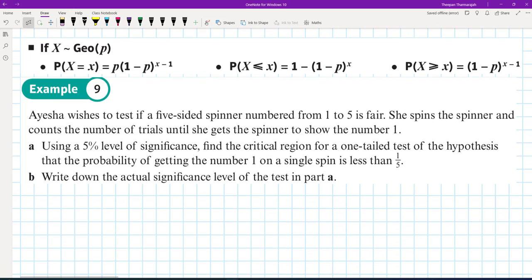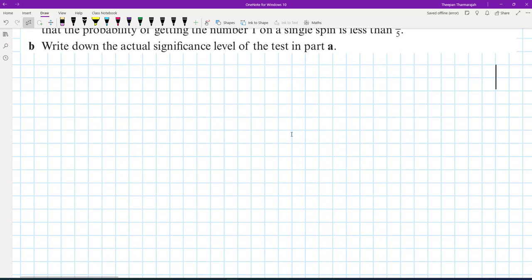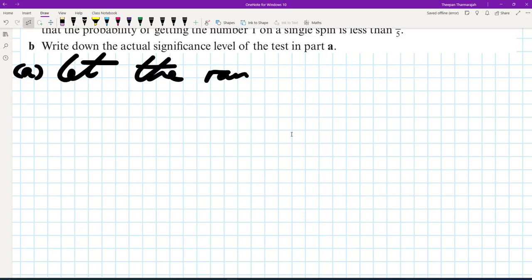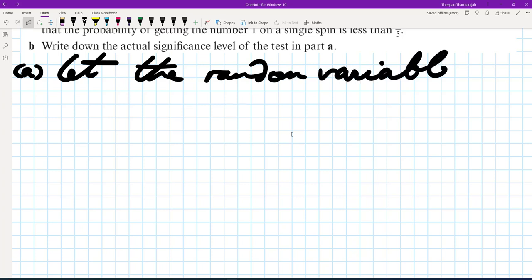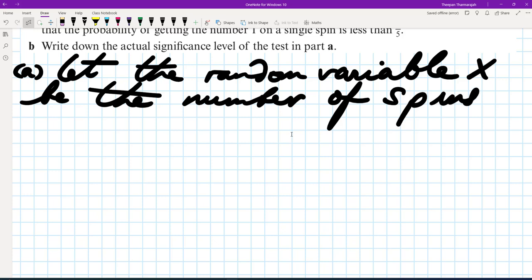So let's go ahead and define our random variable. Let the random variable X be the number of spins until getting number 1.